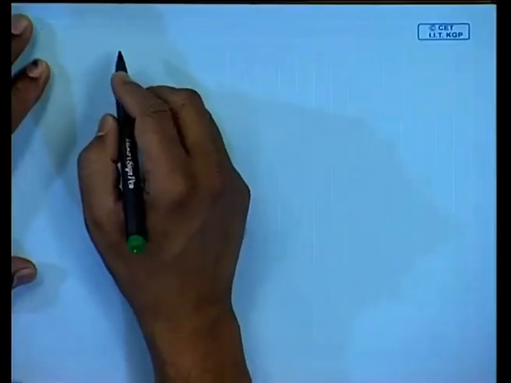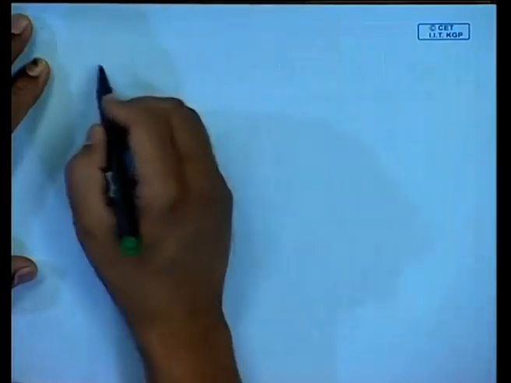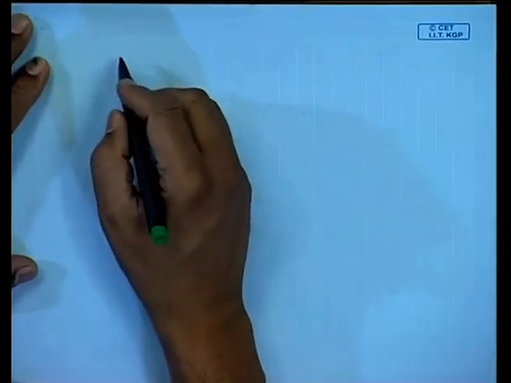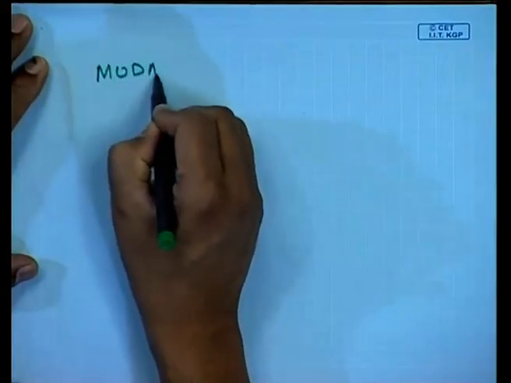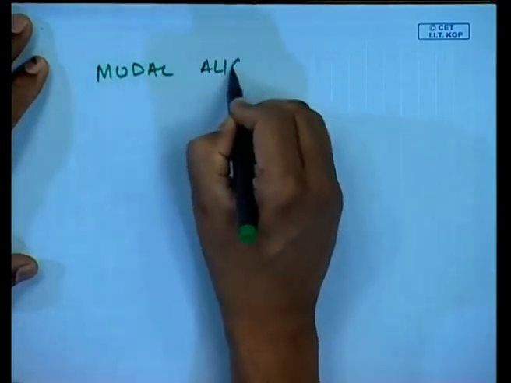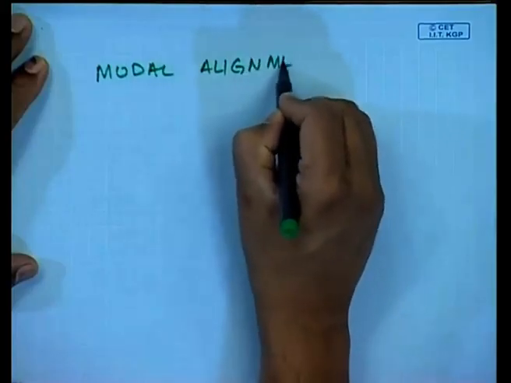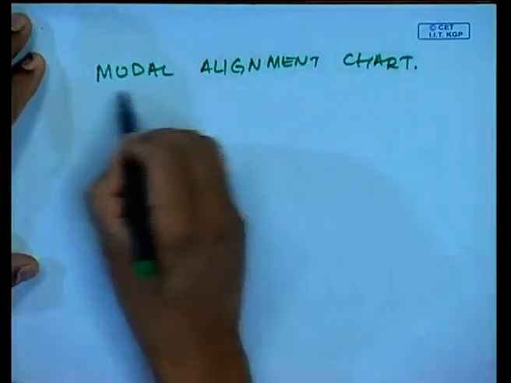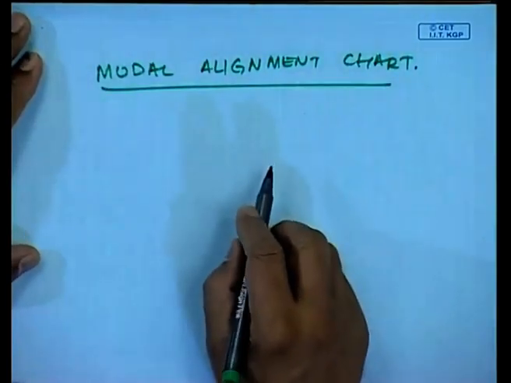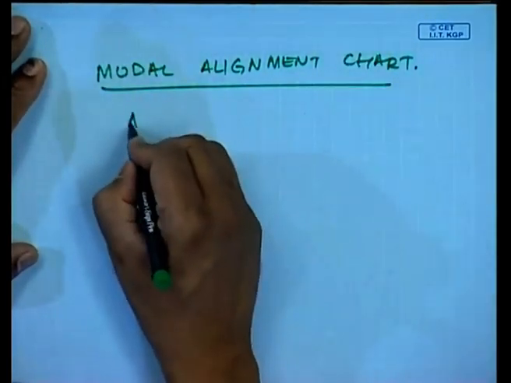In fact, a designer in machinery vibration or in equipment design, which is subjected to a lot of dynamic loads, does what is known as a modal alignment chart. I will give this example to you from an automobile engine.